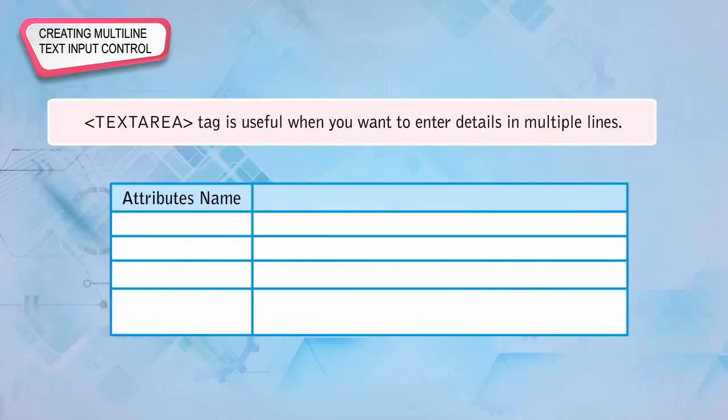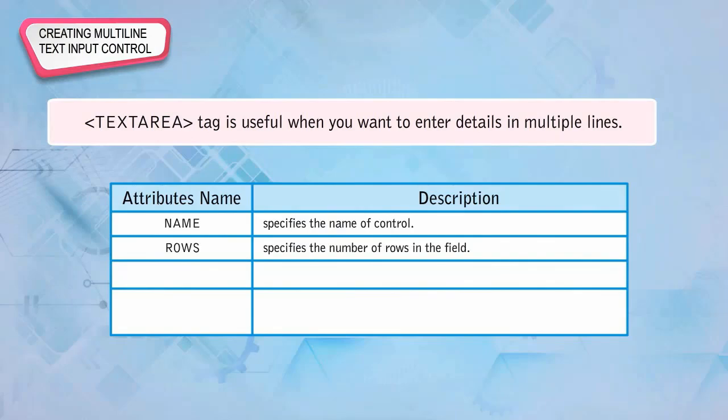Creating multi-line text input control. Textarea tag is useful when you want to enter details in multiple lines. Attributes and description. Name specifies the name of control.